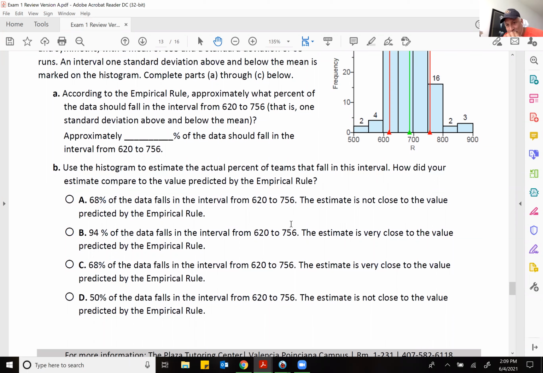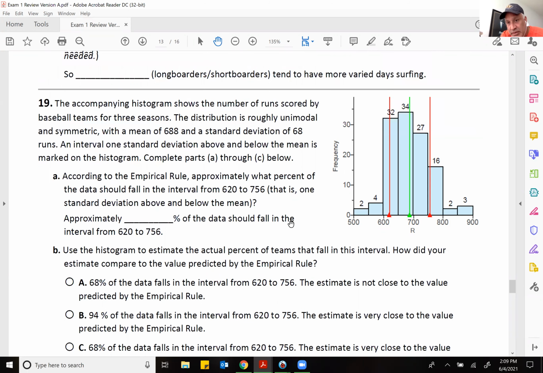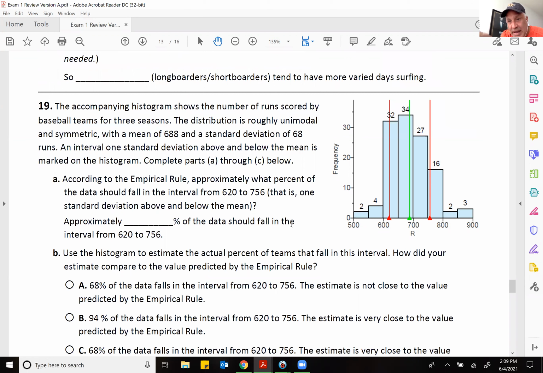I got this in the homework, and I have a question on this particular answer. Sure. On the homework, it showed, for example, the 32, the 34 and 27 fall within the 68%. That's pretty much self-explanatory. But on the 32, the homework made it 21, right?